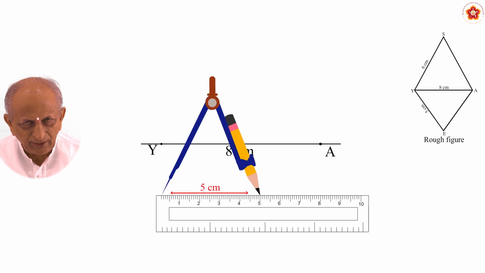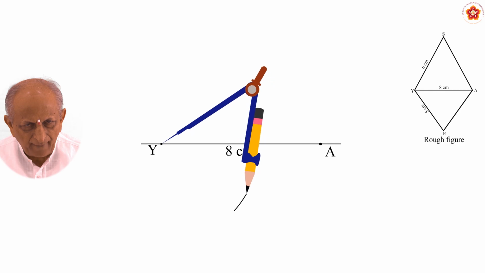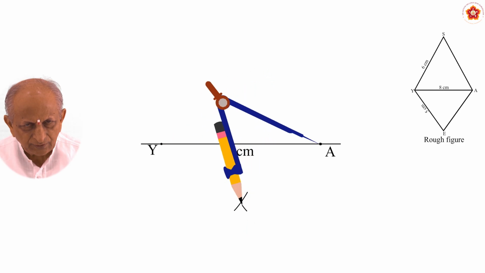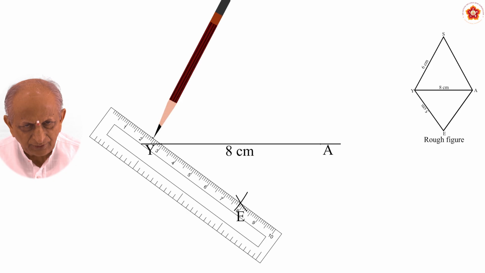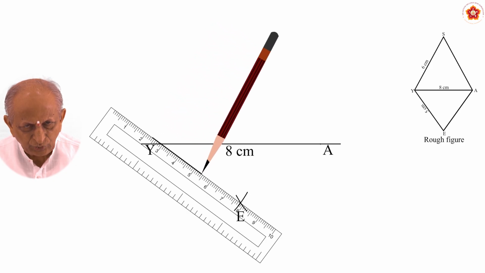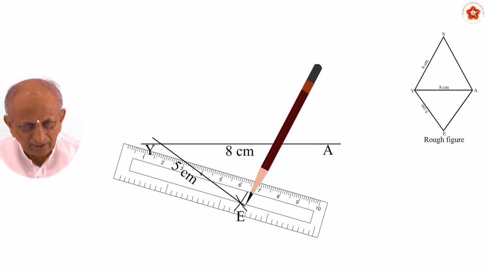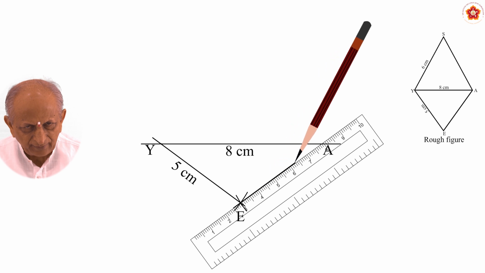So AY is equal to 8 centimeters, correct? Now use the compass, draw 2 arcs to draw a perpendicular. From Y as center one arc, with A as center another arc. These two meet at a point called E, and join YE and EA.